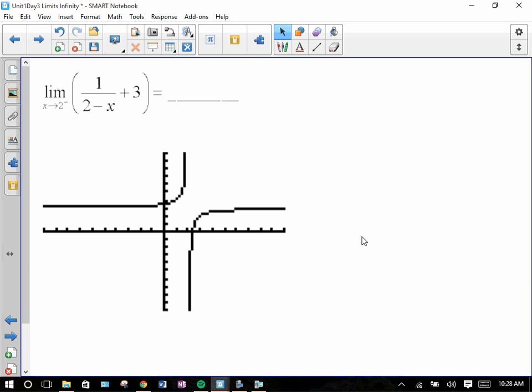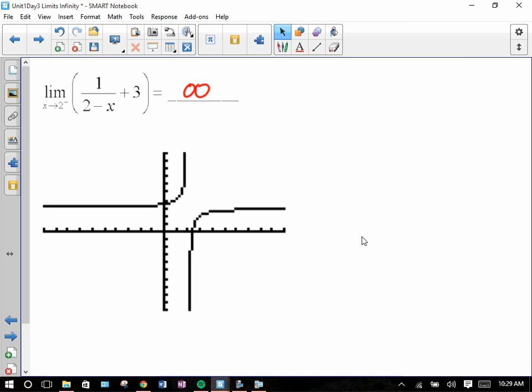So if this asks what is the limit as x approaches 2 to the left? Well, if we look at this, we see that there's a vertical asymptote at x equals 2. And from the left, this is approaching what value? Positive infinity.